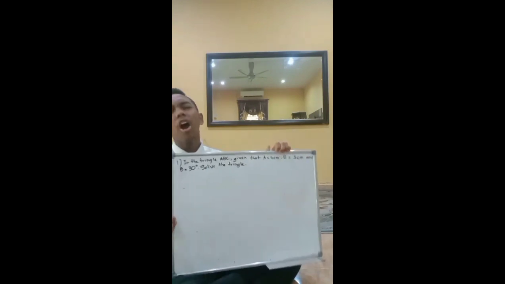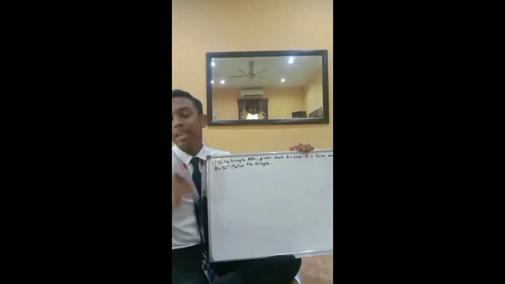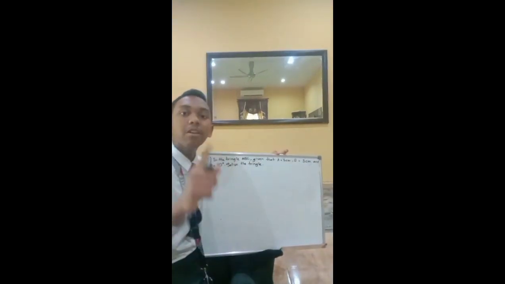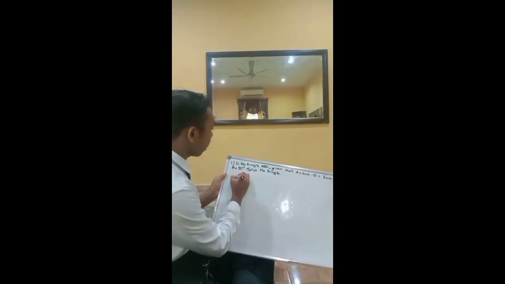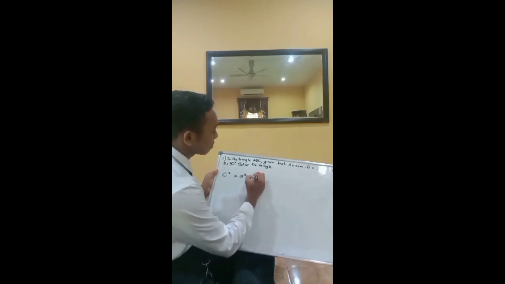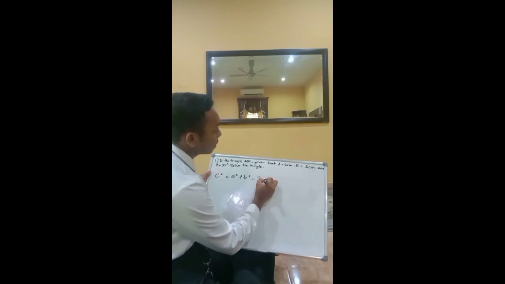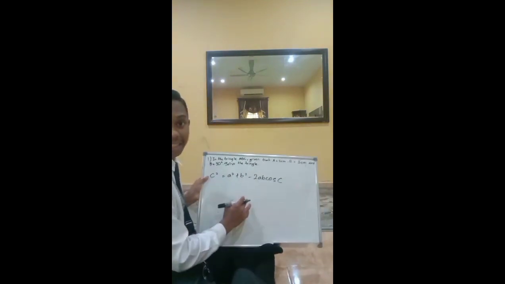After we get all the angles A, B, C, we must find the length of c. Remember formula number 1: c squared equals a squared plus b squared minus 2ab cos C. Remember that?